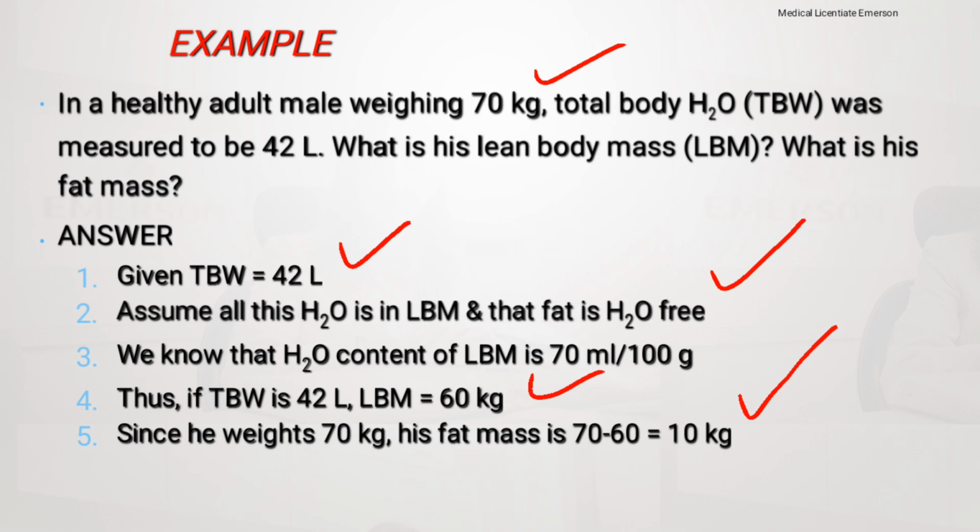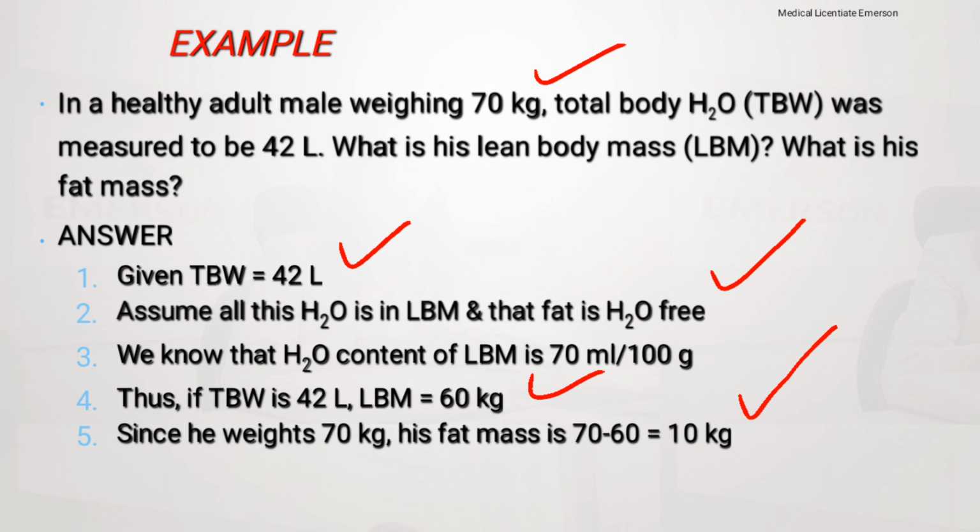Hope we have followed what we have gone through. Let me just repeat. Given that this person's total body water is 42 liters, you have to assume that all the water is in the lean body mass and that fat is water free. Then we know that the water content of the lean body mass is 70 ml per 100 grams.